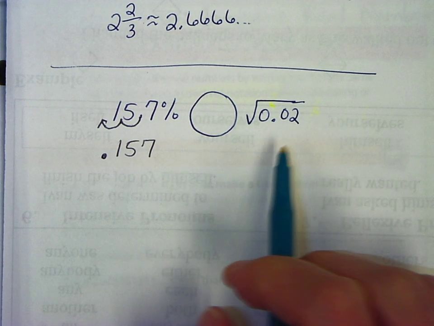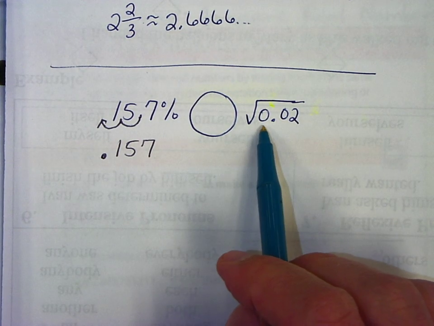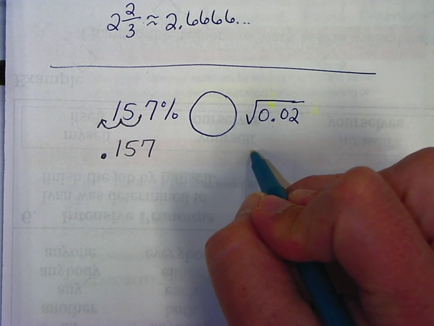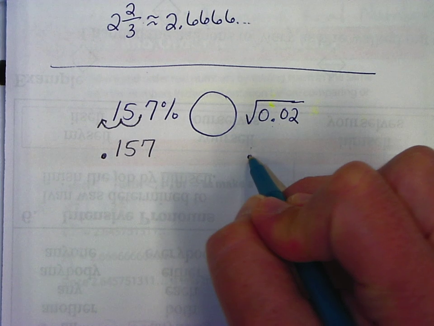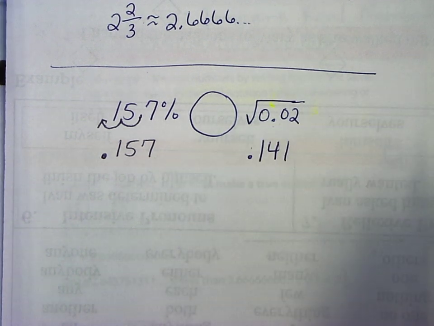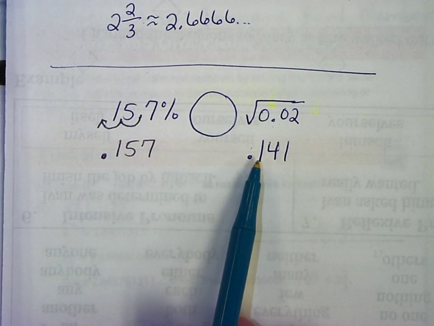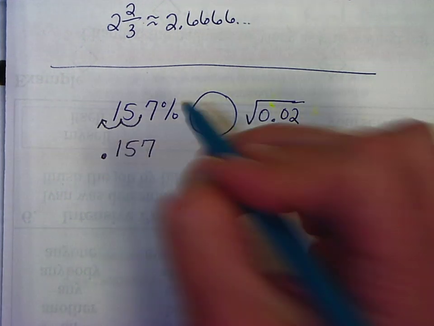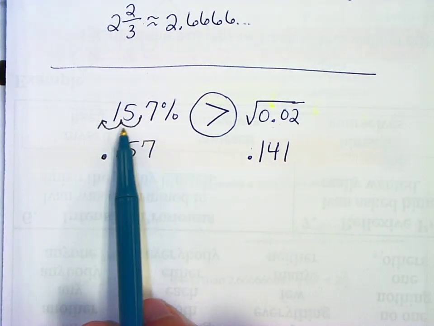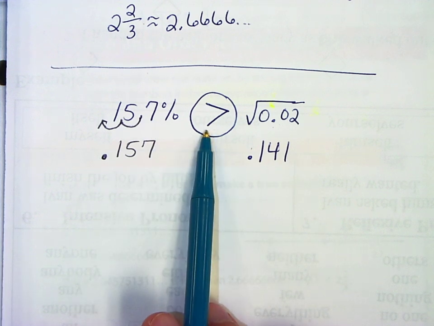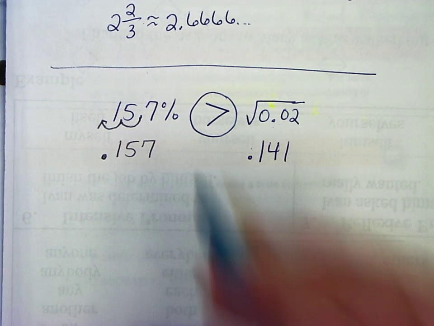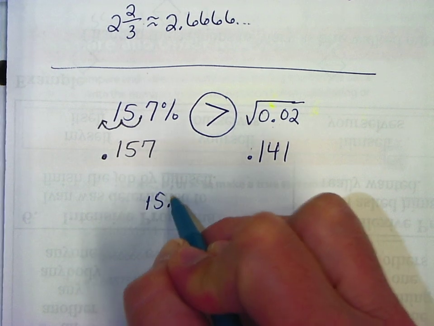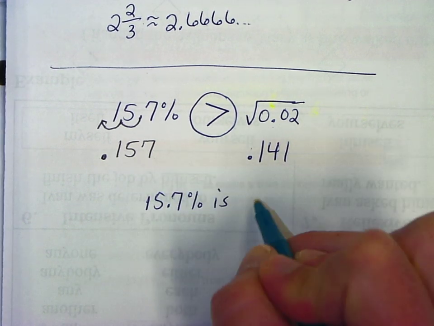Now grab your calculator and find the square root of 0.02, and that is about equal to 0.141. So now compare, just line up the place value and compare. 0.157 is bigger than 0.141, so we would write it as 15.7% is greater than the square root of 0.02. Or you could say 15.7% is greater.